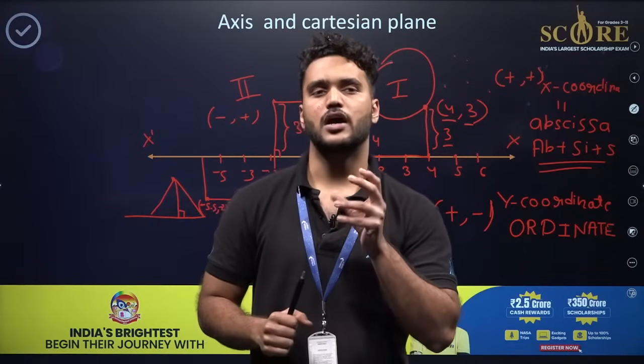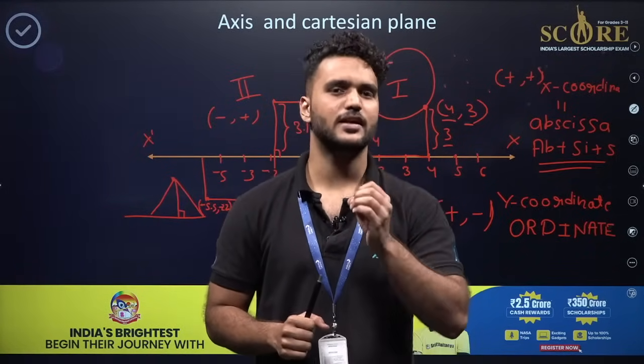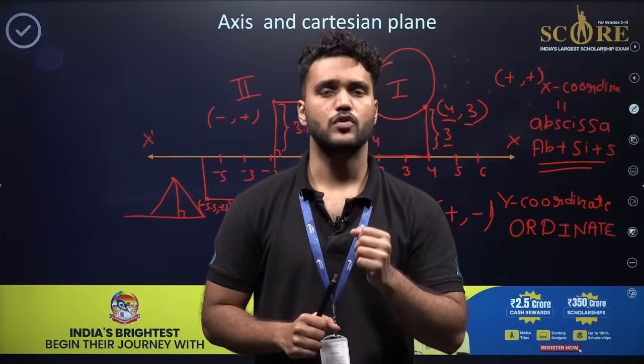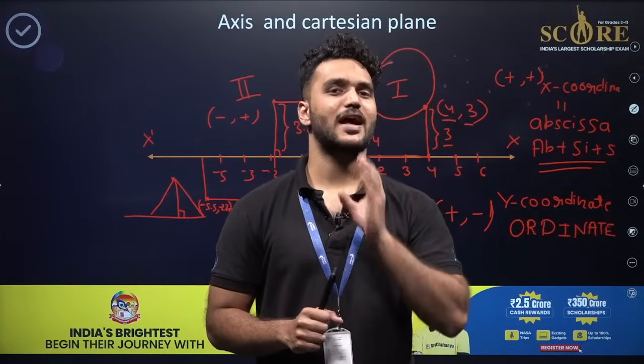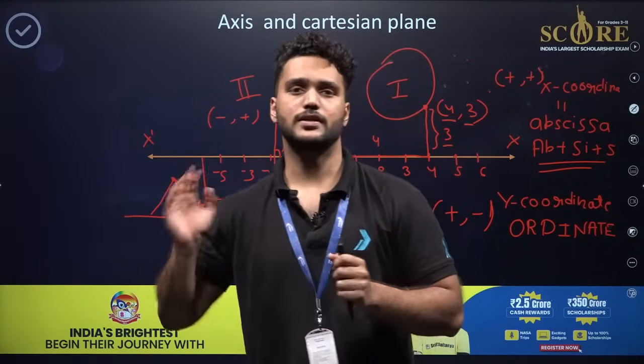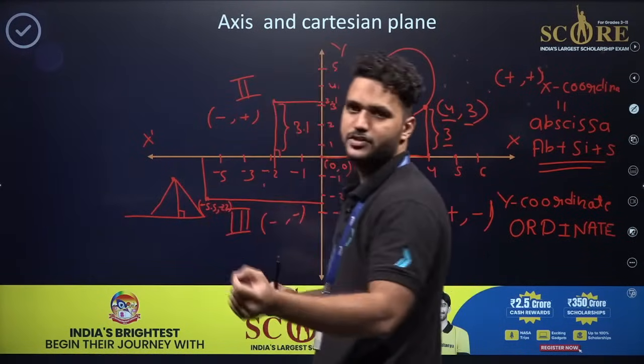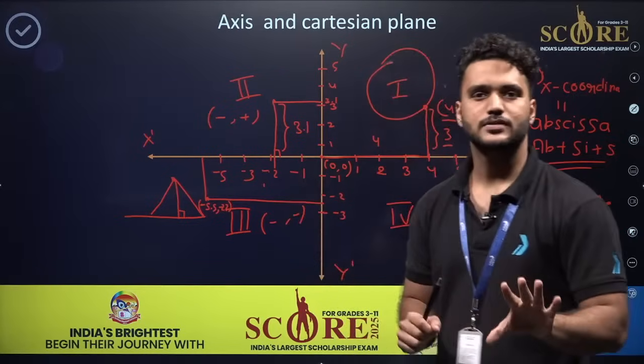So I should specifically say that you have to go minus 2. Then you will get that you have to go 2 units, but in this direction. Are you getting it, guys?